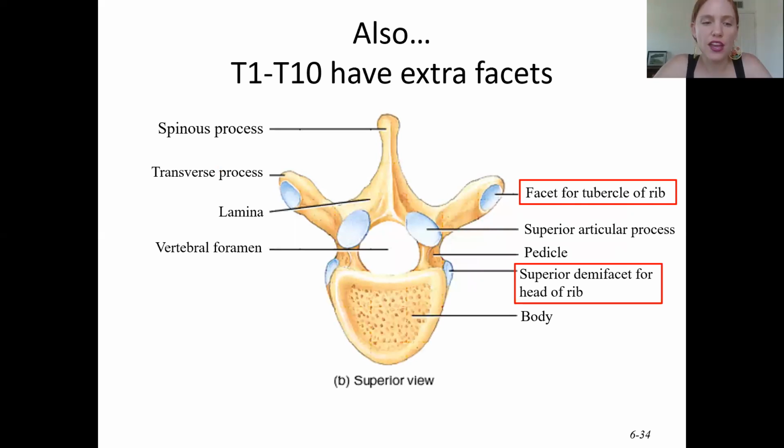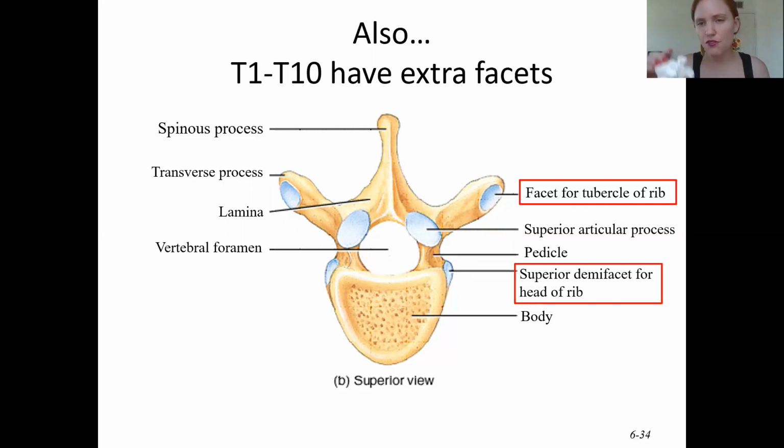Now, the other thing is you can look at the thoracic one, and on the transverse process, you're going to find these little facets. Do you remember what a facet is? It's just a shallow, kind of smooth region, and that's for articulations. So what do you think is going to articulate right there? The ribs.